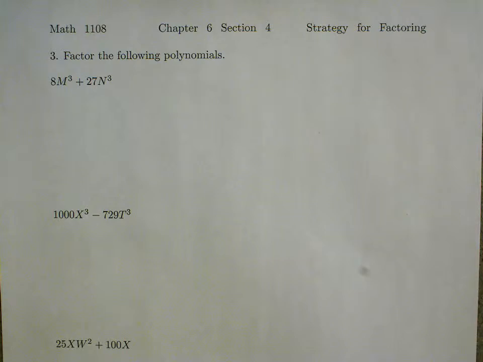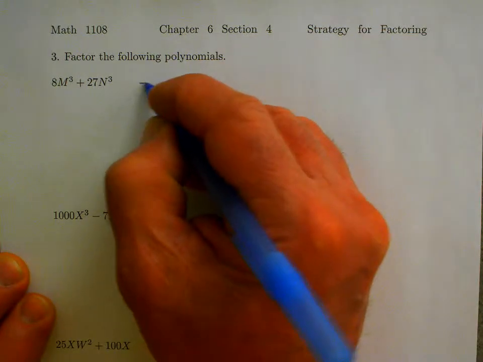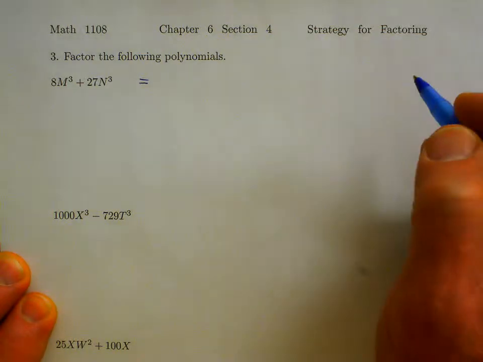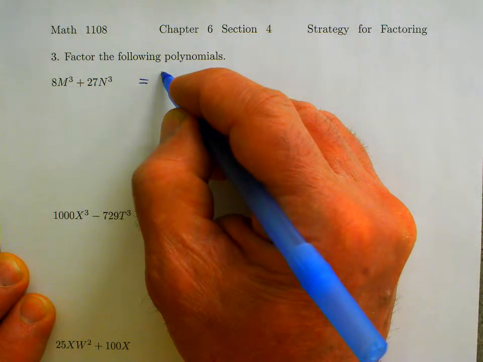Well, we note that it is a special form called a sum of cubes. The coefficient 8 is a perfect cube because 2 to the third is 8. And the other coefficient, 27, is also a perfect cube because it's 3 to the third. So you can rewrite this so that it's more apparent that it's a sum of cubes.